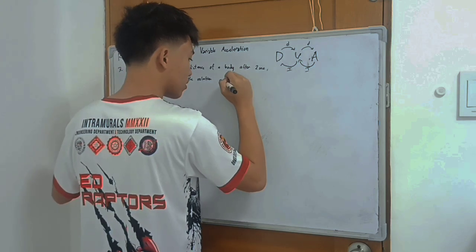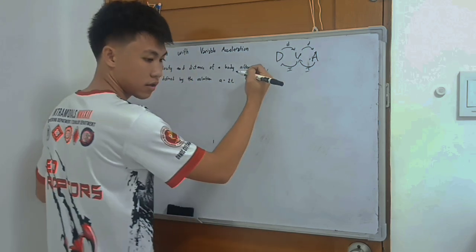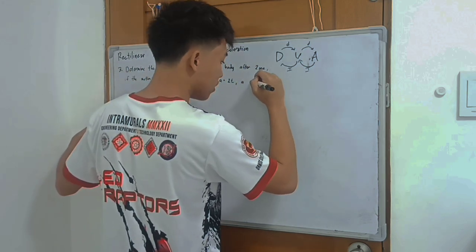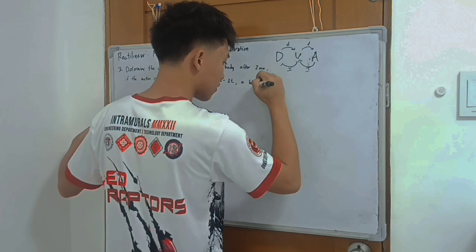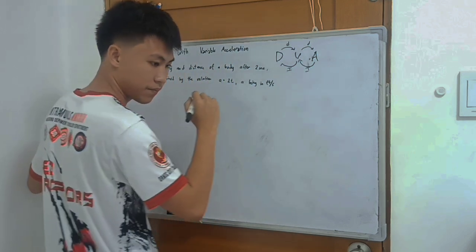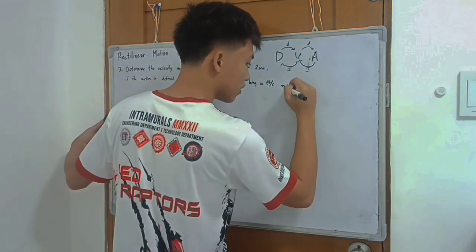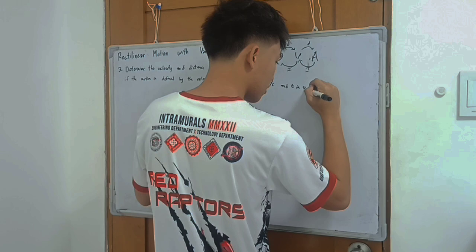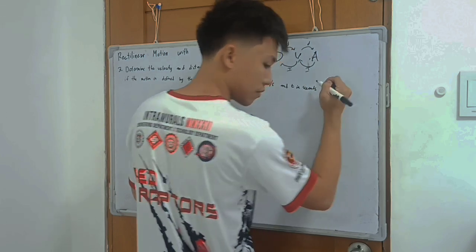a is equal to 2t, with a in feet per second squared and t in seconds.